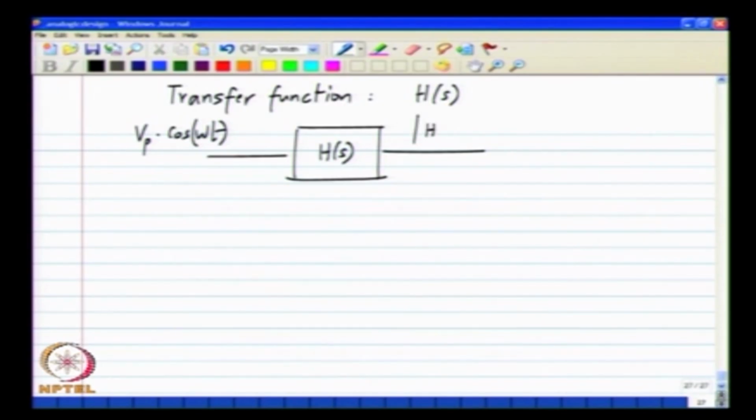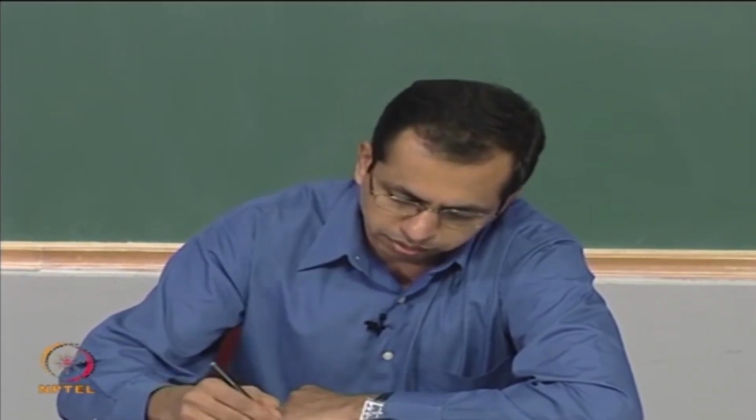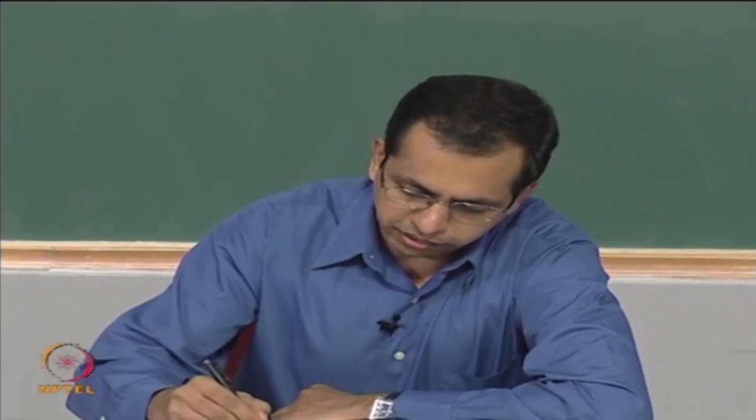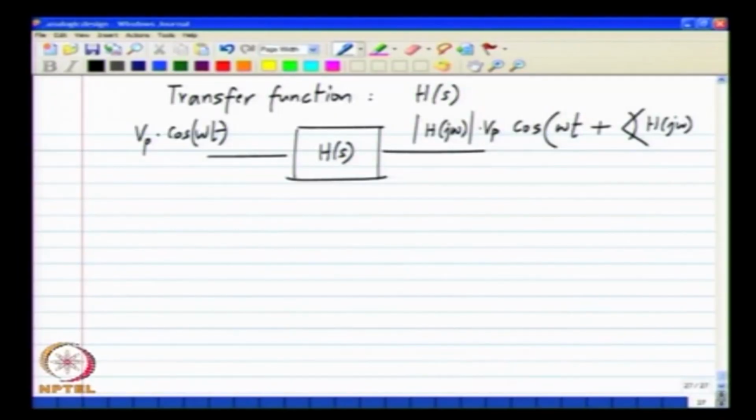It will be with a magnitude |H(jω)| times Vp. The amplitude of the sinusoid gets multiplied by the magnitude of the transfer function at the frequency of the sinusoid, and you get an added phase which is the phase of the transfer function at the frequency of the sinusoid. So, we will examine this for our particular case.